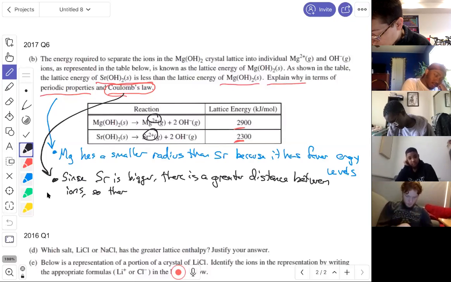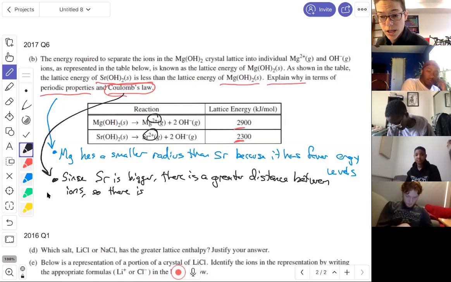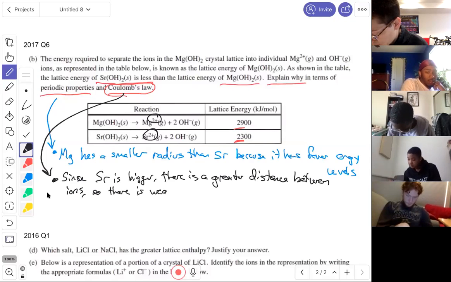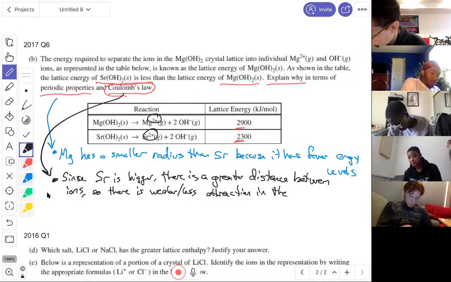So what does that mean for attraction? Weaker. So there is weaker or less attraction in the bond, requiring less energy to separate.